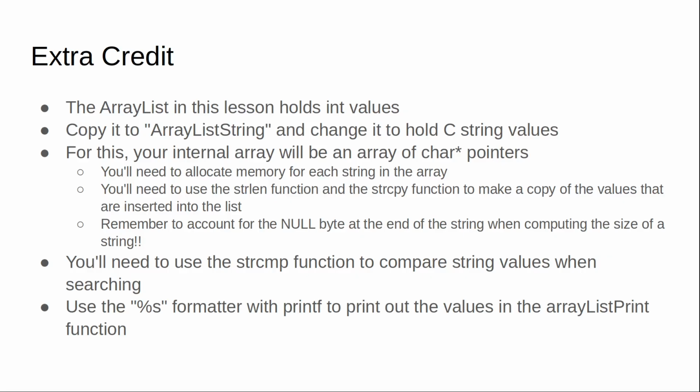When you're doing your search function, in order to do a search or remove, you'll need to use the string compare function to compare those values. And when you're modifying your print function for printing out the contents of the list, you'll use the %s formatter with printf, so you can print out the strings that are part of your list.